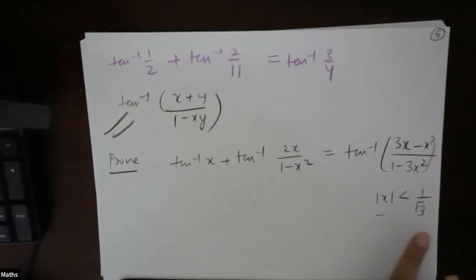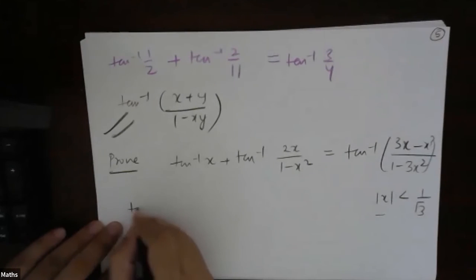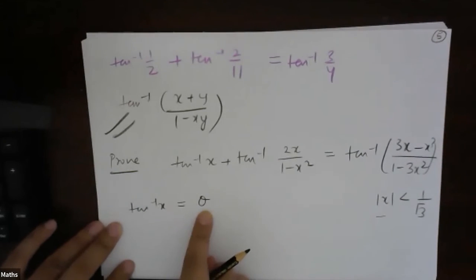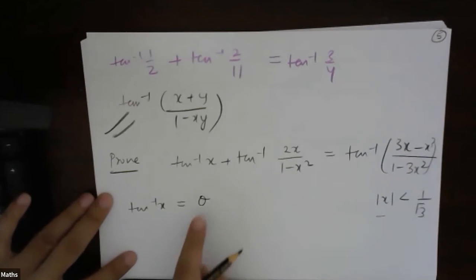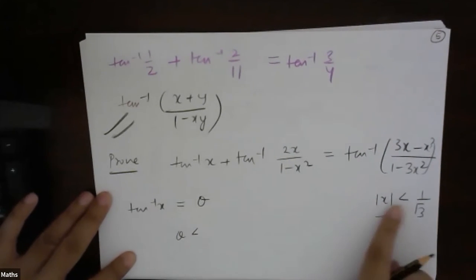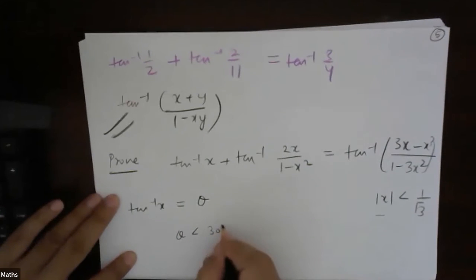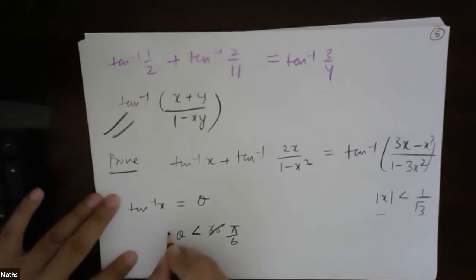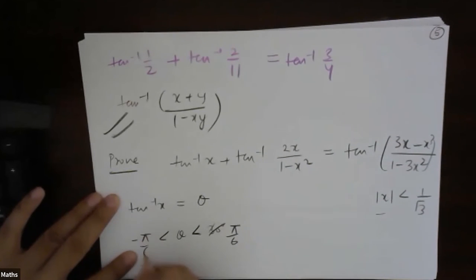So if I write tan inverse of x is equal to theta, then what is the range of theta? Theta is less than 30 degrees or pi by 6, and greater than minus pi by 6.